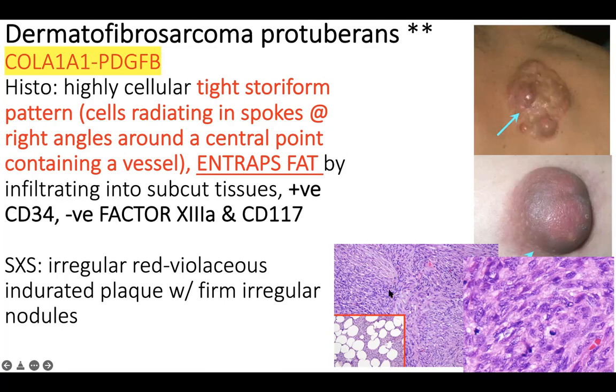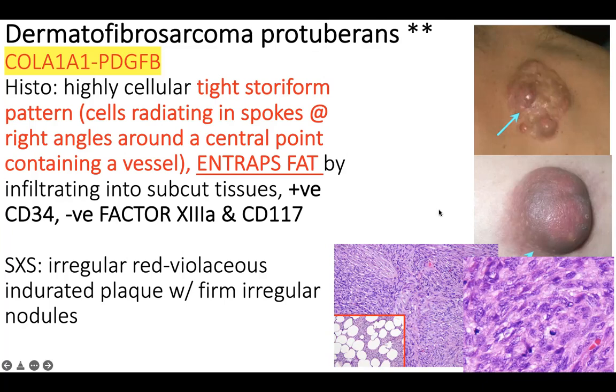It sort of reminds me of the Starry Night pattern. If you look at that painting, it kind of looks that way. We have all of these going in different directions around a central point. See how it's all going to one point. This central point contains a vessel and it's going to entrap fat. So if we take a really close look, we can see these adipose cells.